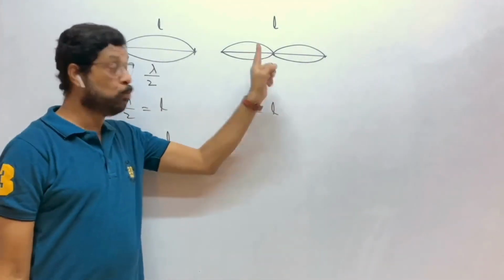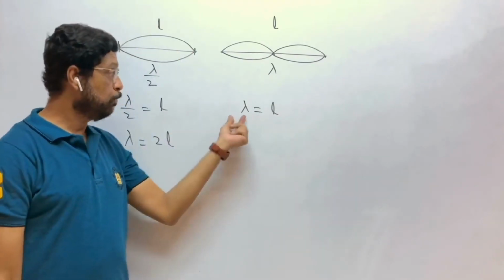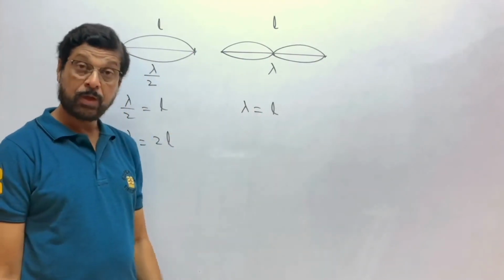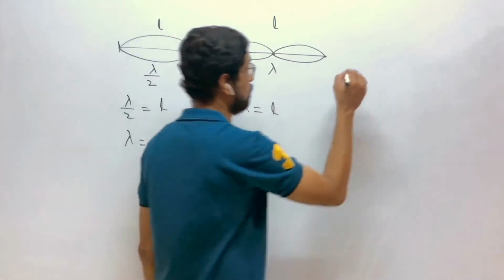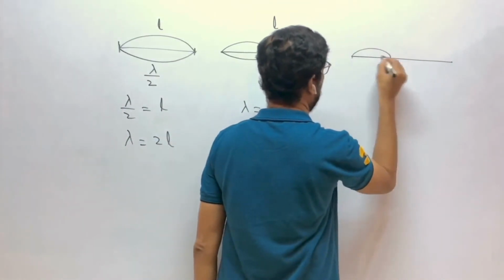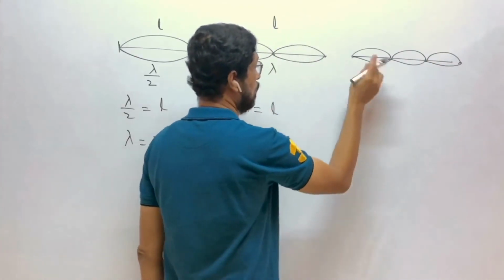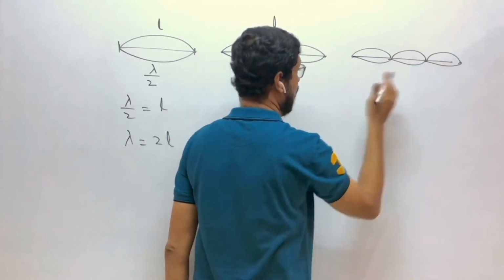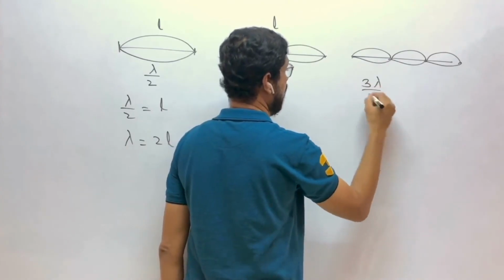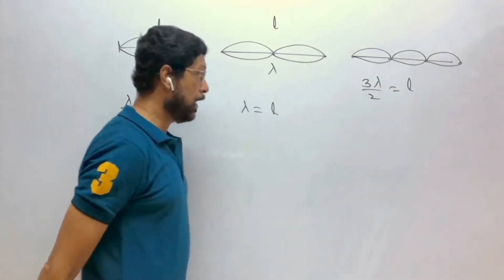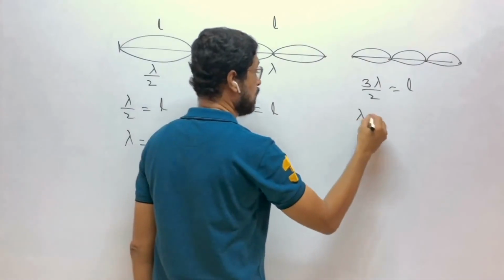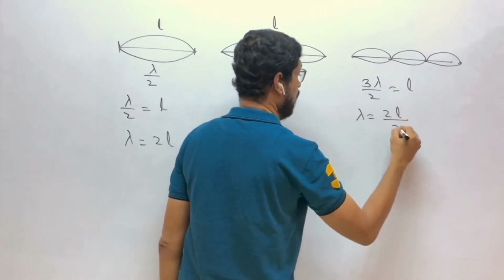When two loops are formed, second harmonic, wavelength is equal to L. When three loops are formed, then lambda by 2, lambda by 2, lambda by 2, that is 3 lambda by 2 is equal to L. Means how much is lambda? 2L by 3.